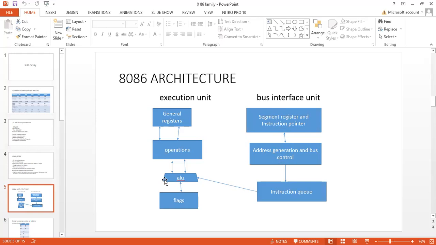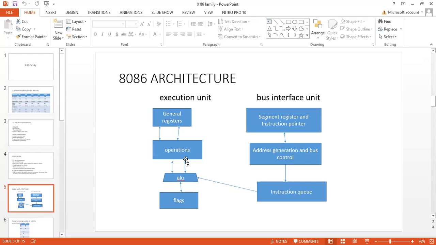In the execution unit, it is going to read the instruction from the instruction queue till the instruction queue becomes empty. Therefore, you need the flag register, general purpose registers, then you have the ALU, and whatever operational registers you need, those will be there.